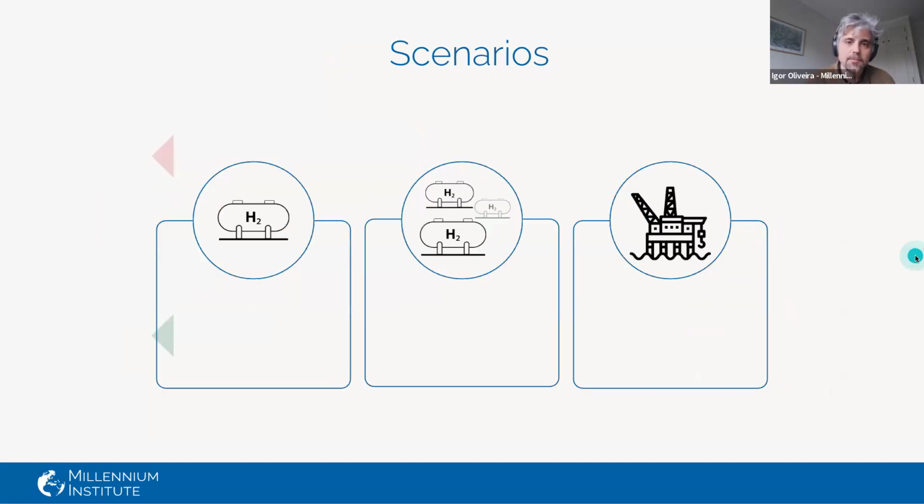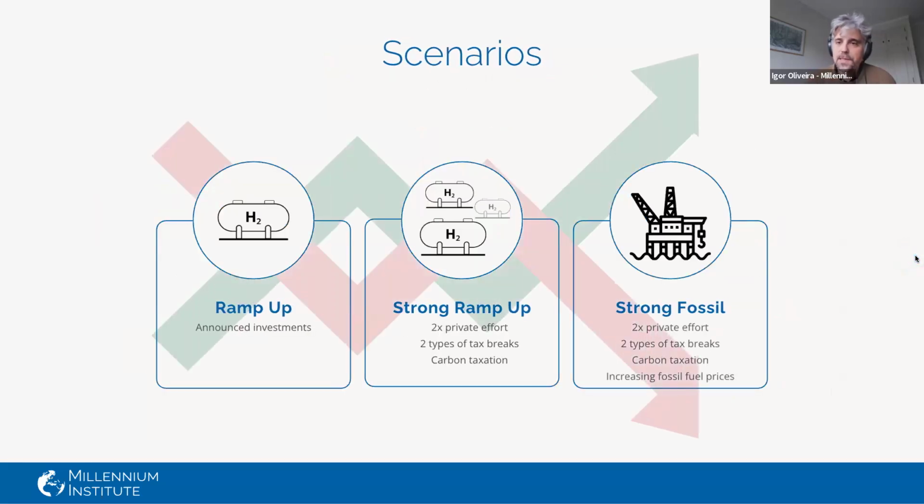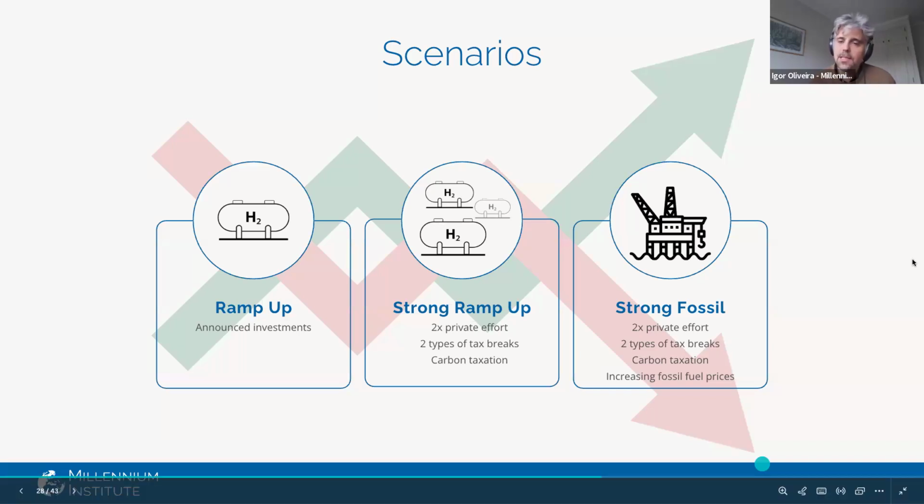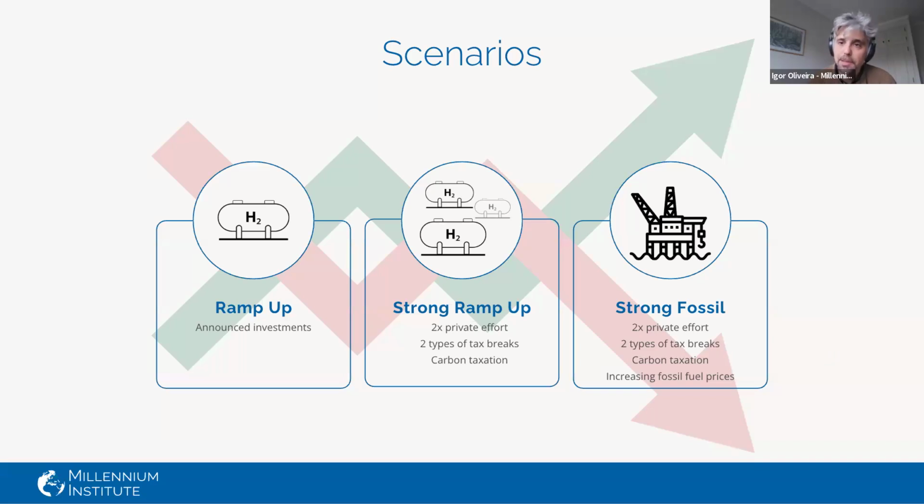Let's go to the next. So for this particular project, we were looking at 3 different scenarios, right? We had a ramp-up scenario, which considered only the investments that are already announced or made public in the 3 countries in terms of green hydrogen.